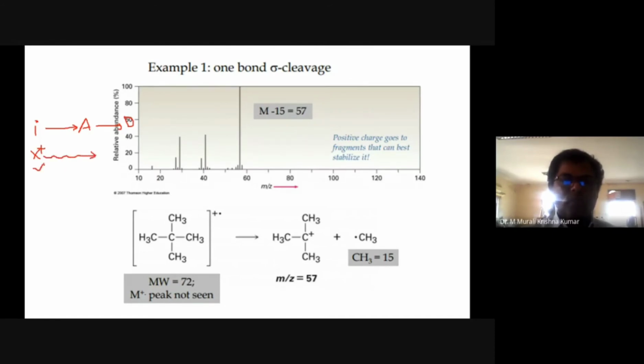This ion needs to have enough shelf life so that it can survive from the site of ionization to the analyzer to the detector. Sometimes, because of various factors that I have explained already, steric factor and others, these tend to fragment so that stable fragments are produced.